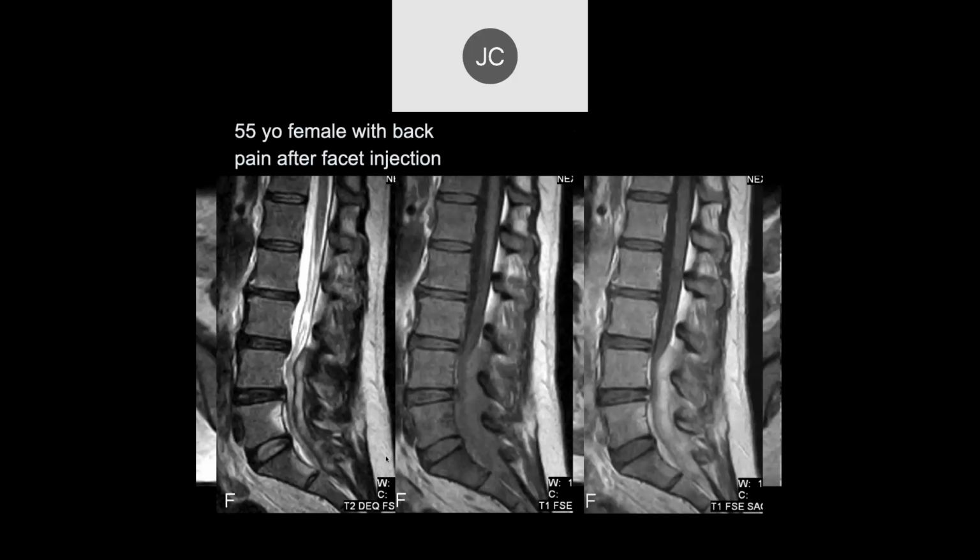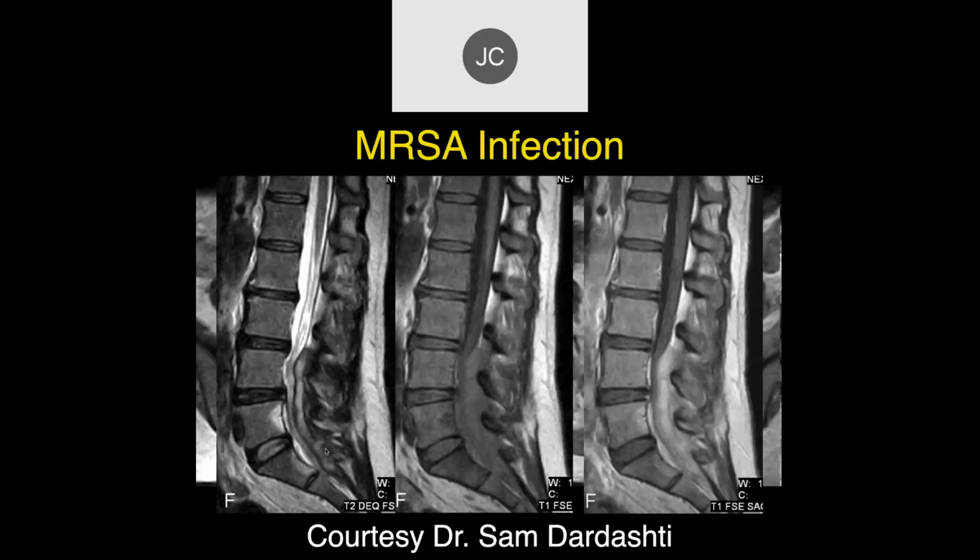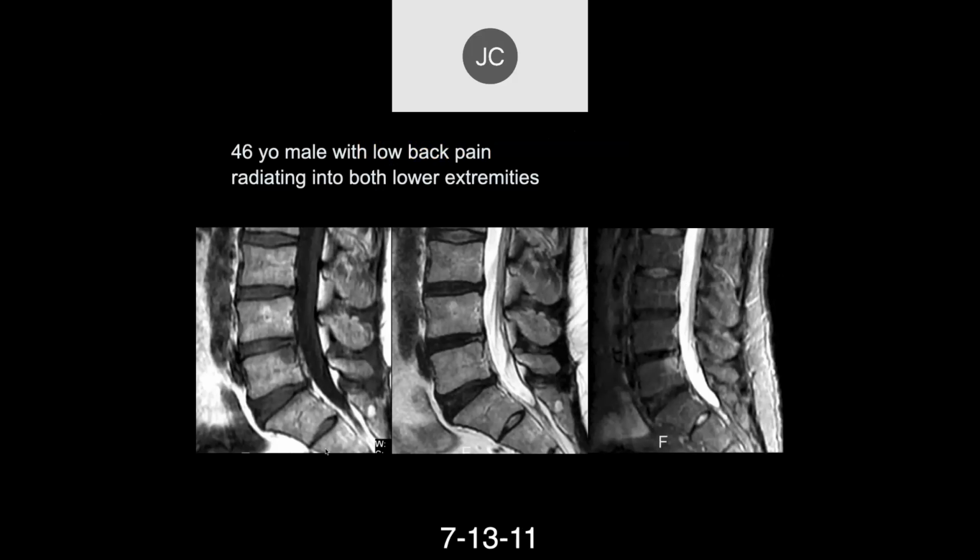A little degenerative change, but I agree with you. Nothing to brag about. So it makes you wonder, why was the patient injected? Well, their facet was injected. They thought the patient had back pain due to facet arthropathy, so that's why they injected the facet. Yeah, well, we know about facets. Yeah, but unfortunately, this turned out to be a big infection. So that's what a facet joint infection looks like.